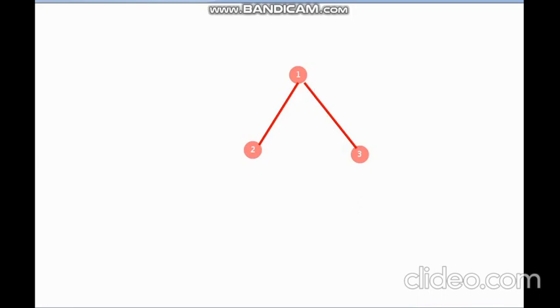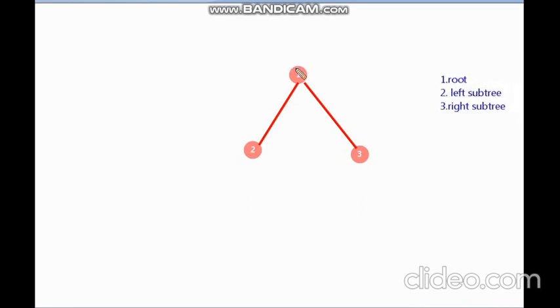In the same way here, 1 is for root node, 2 is for left subtree, and 3 is for right subtree. Remember this. There 1 is pre-order, 2 is in-order, 3 is post-order, and here 1 is the root, 2 is the left subtree, 3 is the right subtree. Just assign the numbers, then tree traversal is complete.